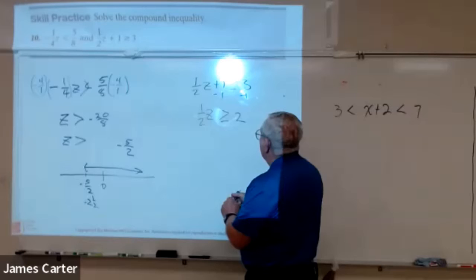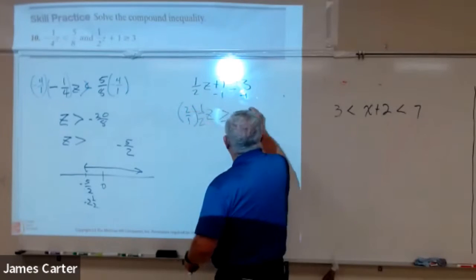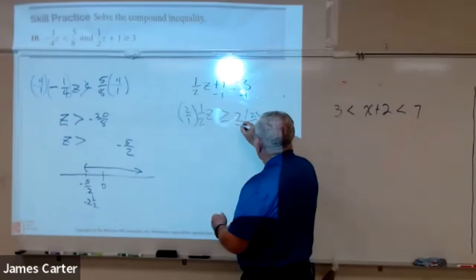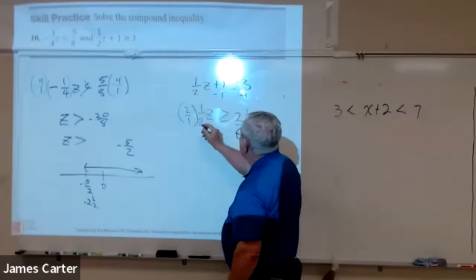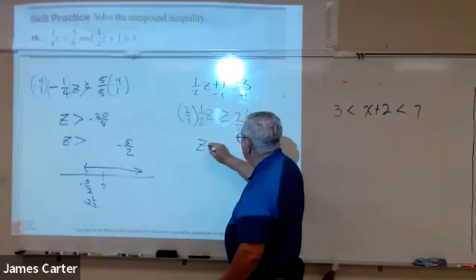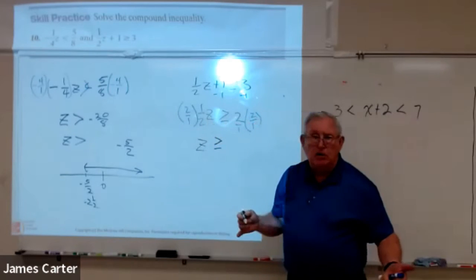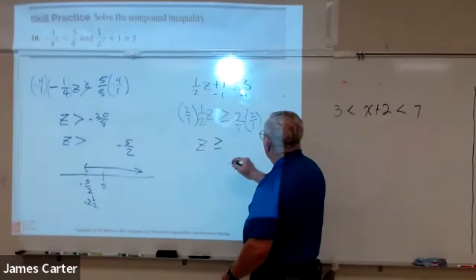Okay. Now I multiply both sides by 2/1. And I can put that over 1 if I choose to. And these cancel out and I get z greater than or equal. I don't flip because I'm not multiplying by a negative. And over here I get 4.